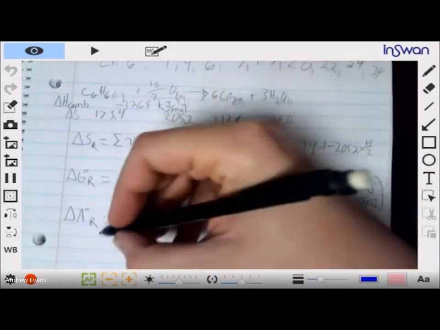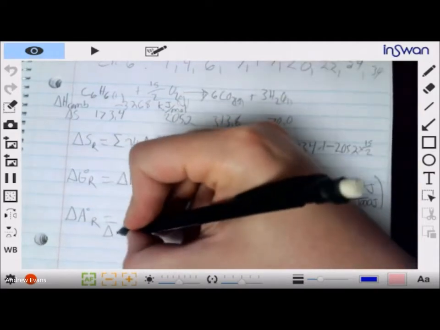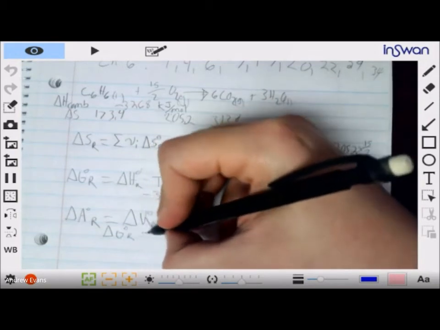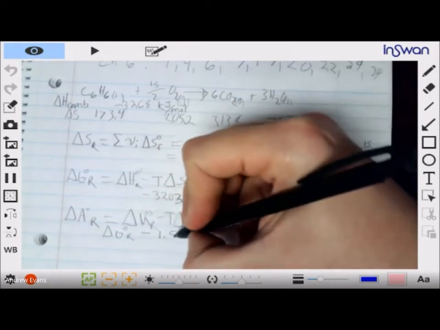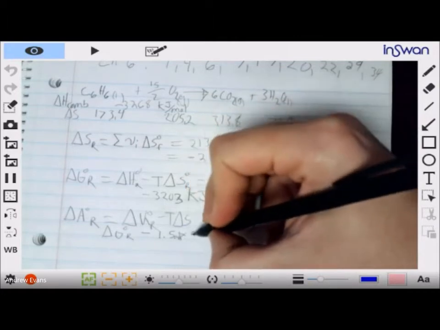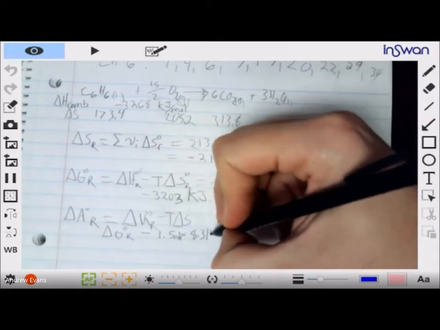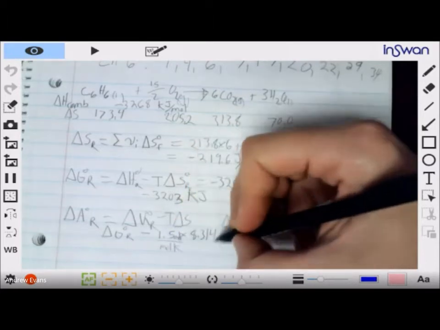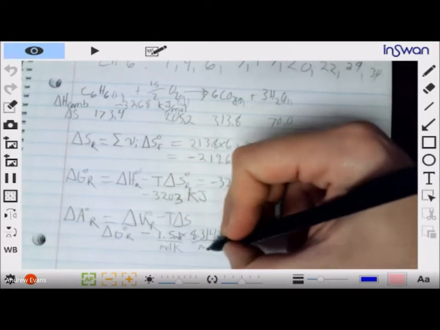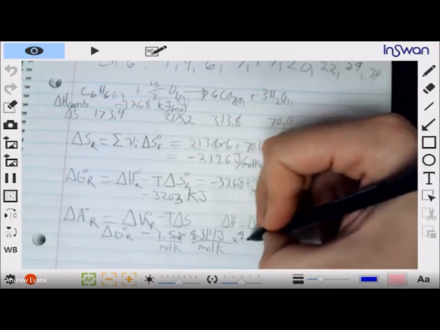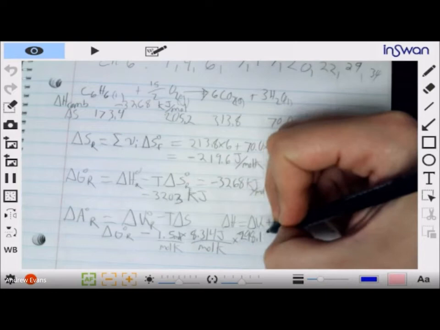So we can simply take our Gibbs, and Gibbs minus 1.5 times moles, 8.314 joules per mole Kelvin times 298.15 Kelvin.